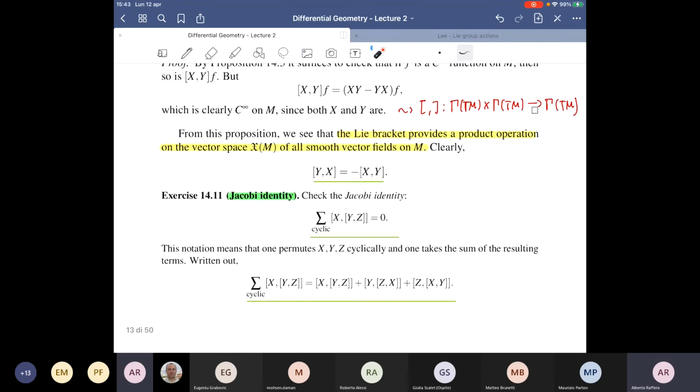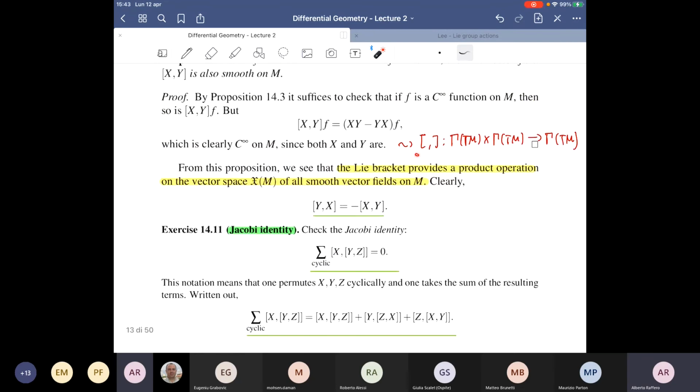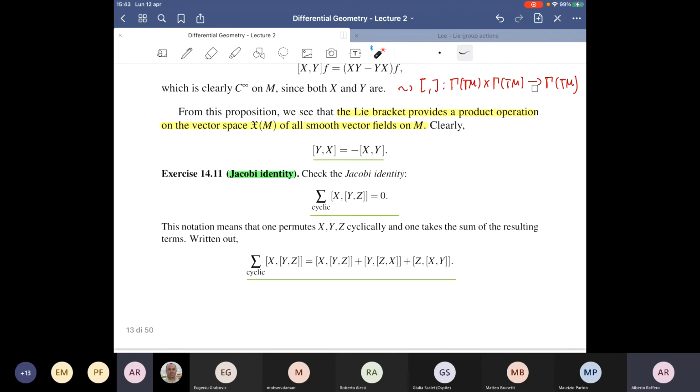Well, now we have this new operation on vector fields. It is skew-symmetric. It satisfies this Jacobi identity, and moreover, of course, it is also linear in the two components separately.